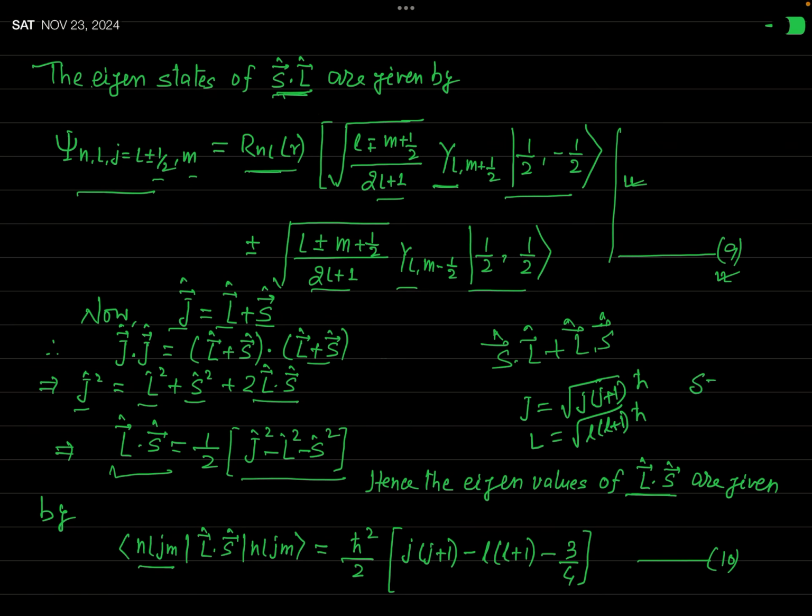And the eigenvalue of S is root over small s into s plus 1 into H bar. But just in the beginning I have told you that this s is fixed, this is 1 by 2 for electron, and therefore this is root 3 by 2 H bar.